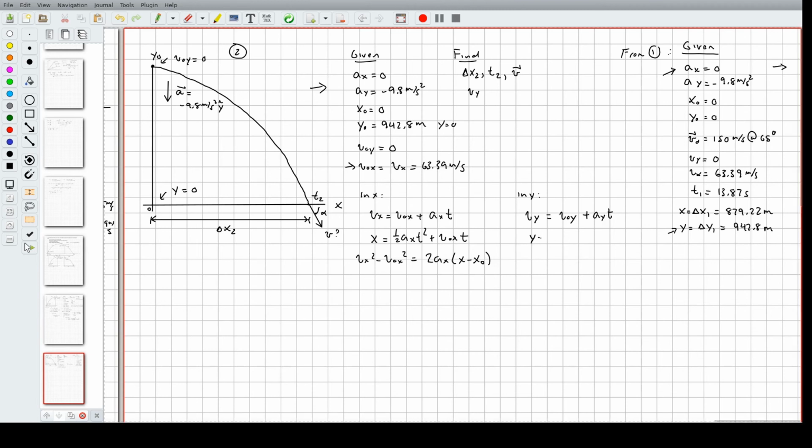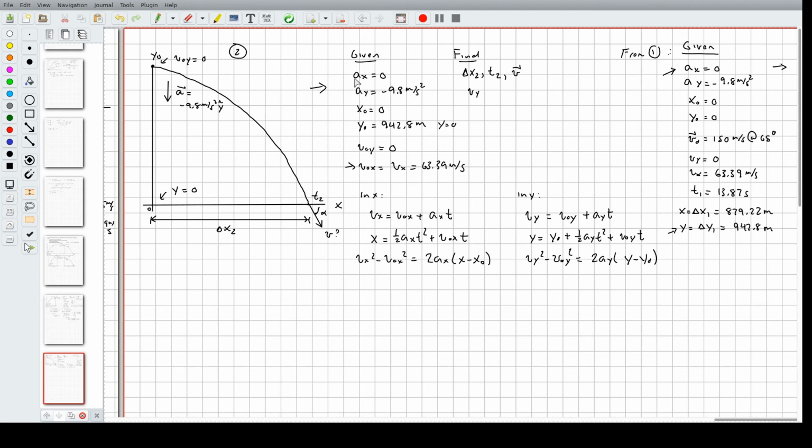I have y is equal to y naught plus 1/2 Ay times t squared plus V naught y times t. And I also have Vy squared minus V naught y squared is equal to 2 times Ay times y minus y naught. Now, let's plug in the stuff that we know here that's 0.